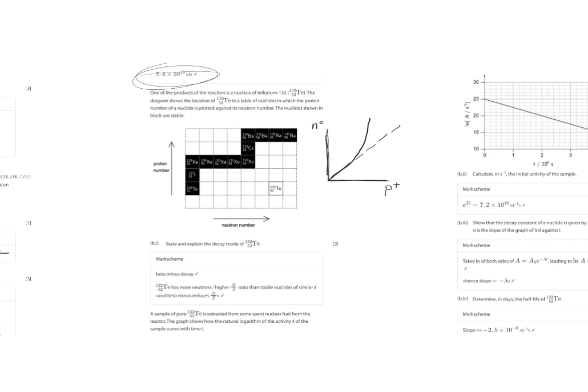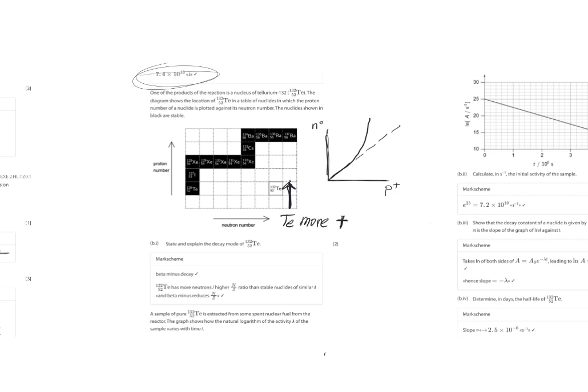So it wants to know what is its decay mode. And so we can see that the tellurium is under the line of stability. So it actually could stand to be more positive. We want the tellurium to go, man, that arrow is terrible. There, we want that tellurium to go up towards the stable line, so we want the tellurium to become more positive.